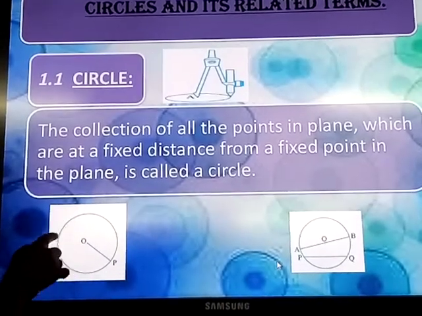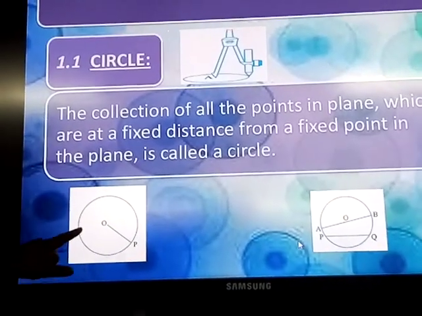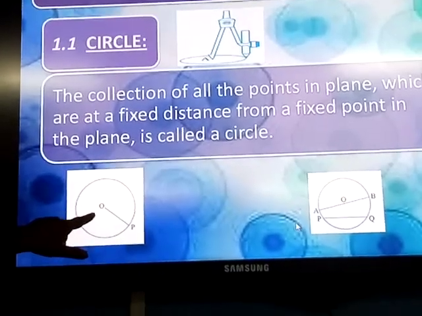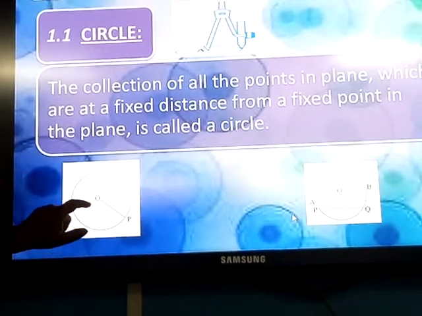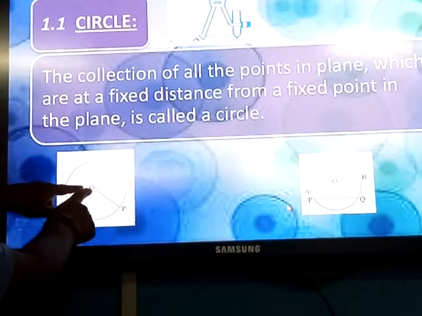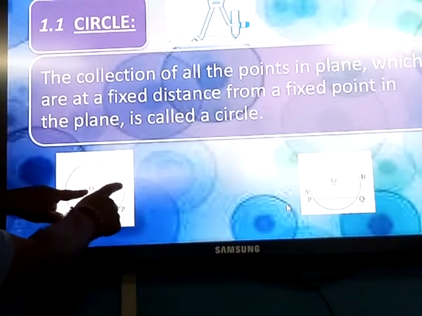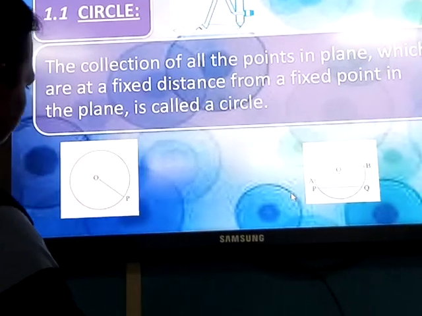The collection of all these points is known as a circle. This fixed point is known as the center, and the distance from any point on the circle to the fixed point is known as the radius.